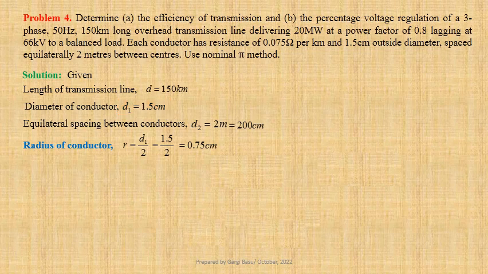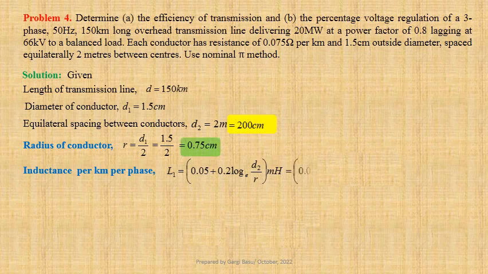Expression for inductance per kilometer per phase L1 equals 0.05 plus 0.2 into log of D2 by R millihenry. Using values we get 0.05 plus 0.2 into log of 200 upon 0.75 millihenry, that is equal to 1.1672 millihenry.